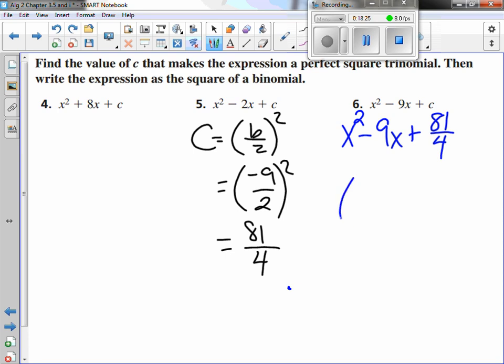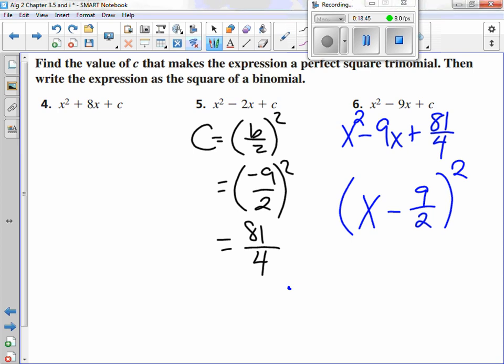Now, you probably have a feeling that this part is going to be a little bit more difficult. Well, what's inside the parentheses? Negative 9/2. You plug it in like that. Now, when it comes to the test, if you put it as a fraction, that's fine. If you put it as a decimal, that's fine.